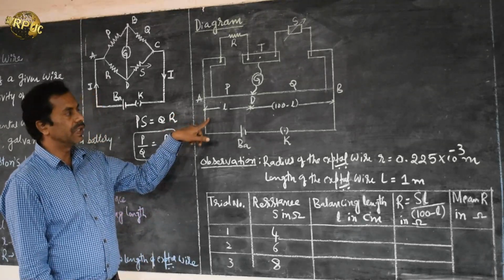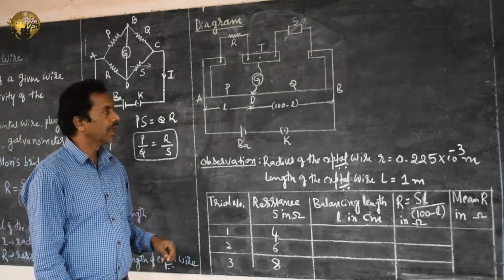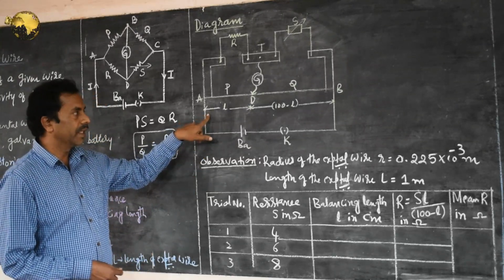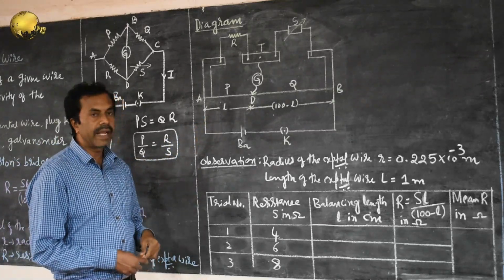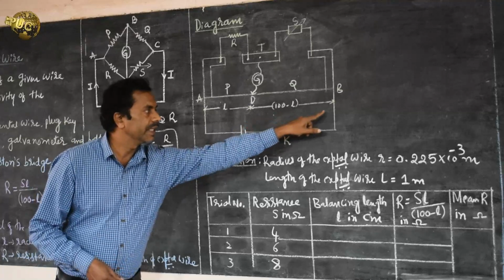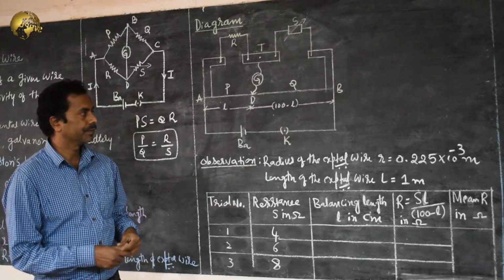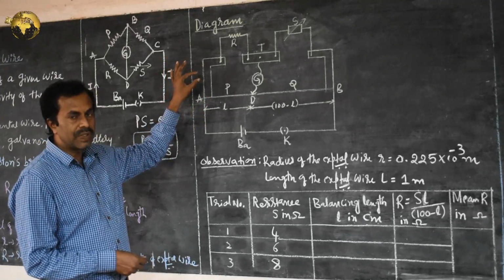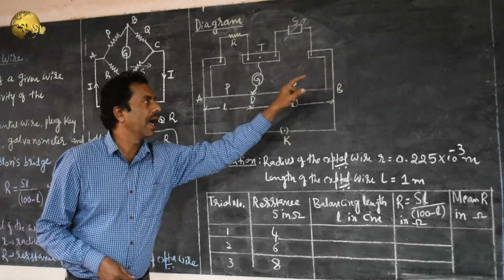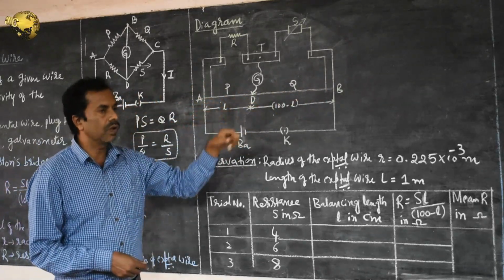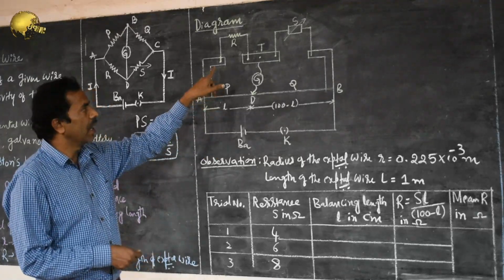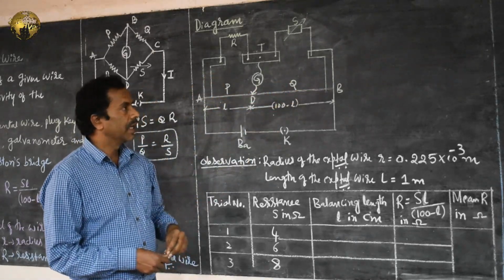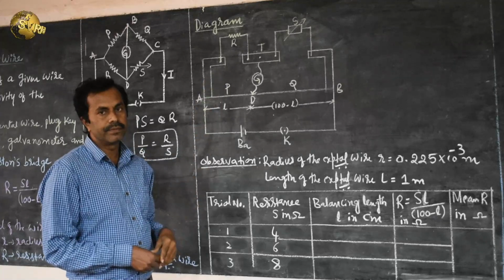The circuit diagram consists of a meter bridge. Meter bridge is a wooden board on which 1 meter wire of constantan or manganin is fixed at the 2 ends of the wooden board. Along with that, 2 copper strips bent at right angles to each other are fixed at the 2 ends of the meter bridge. In order to provide the gap between the 2 right angled copper strips, a thick central copper strip is fitted.